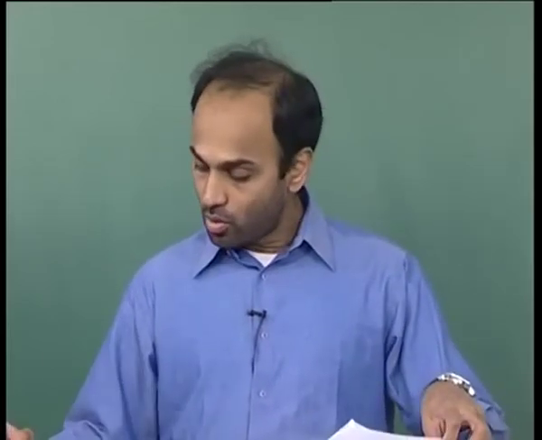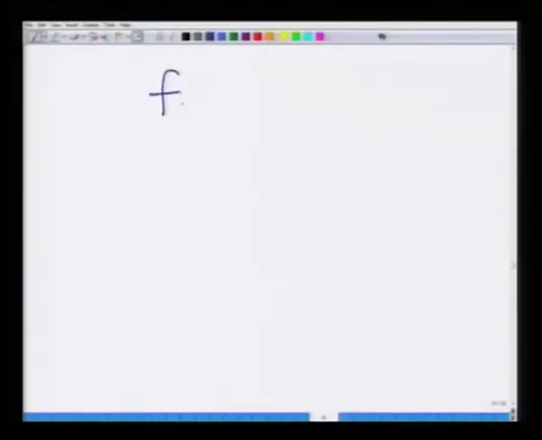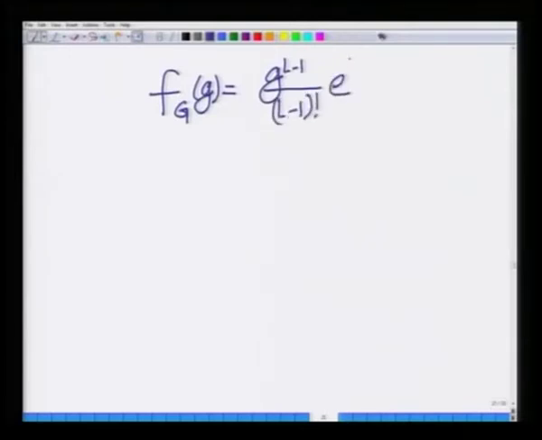Now, we also know that the probability distribution of this g is g to the power of L minus 1 divided by L minus 1 factorial into e power minus g, which means I need to find the probability of a deep fade, which is essentially the probability that g is less than 1 over SNR.